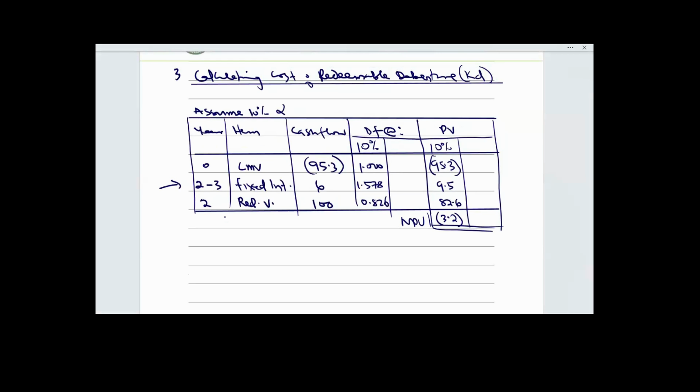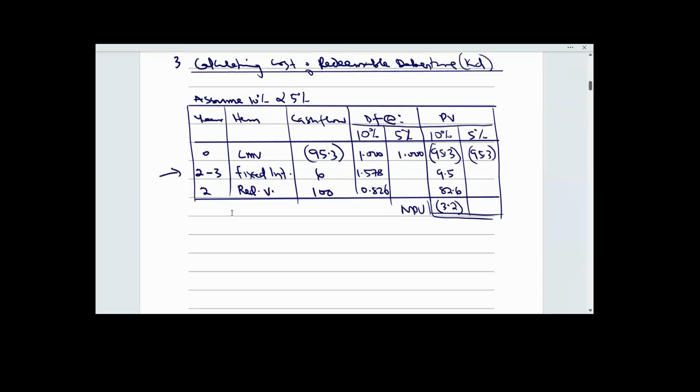So let's assume 5%. We need to calculate the annuity factor of year 2 to 3 at 5%.